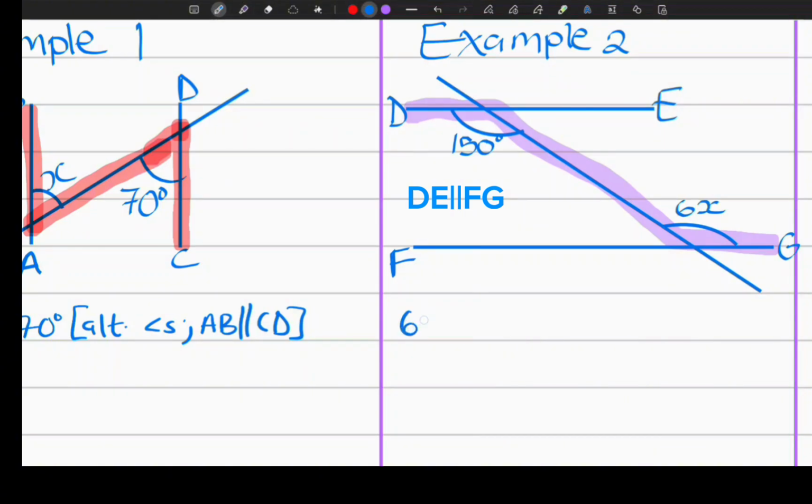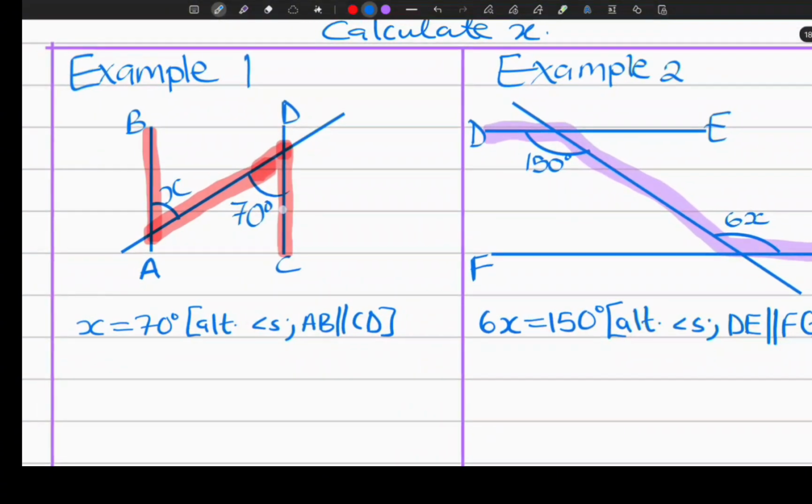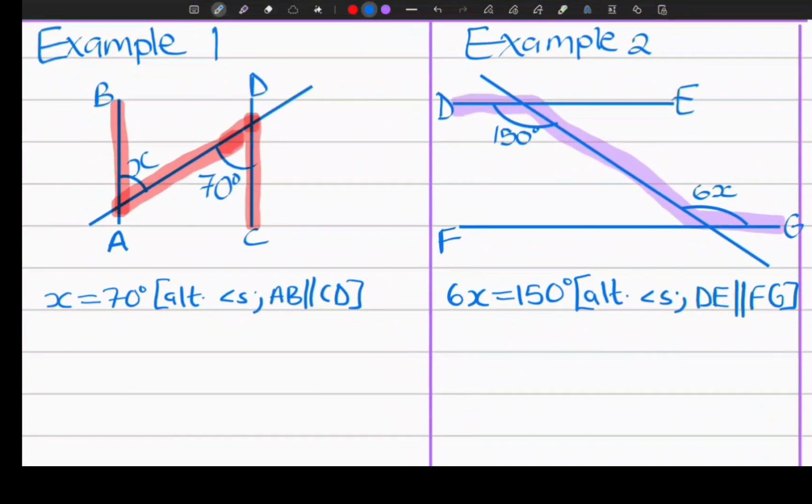We can say 6x is equal to 150 degrees. That's our statement, and our reason to support it, alt angles DE parallel FG. Unlike the first example, we need to go one step further to actually isolate x.